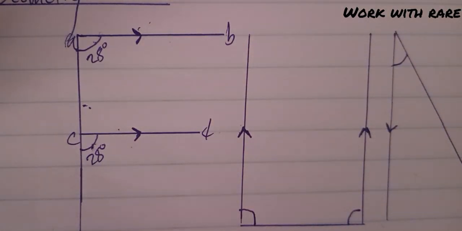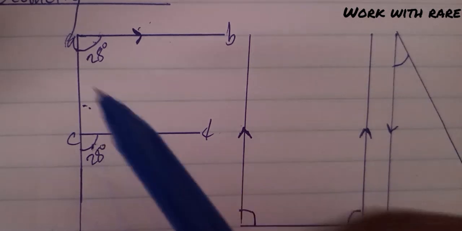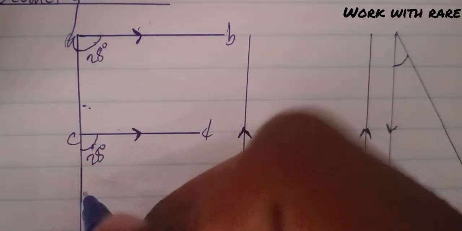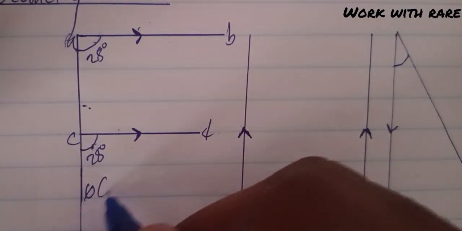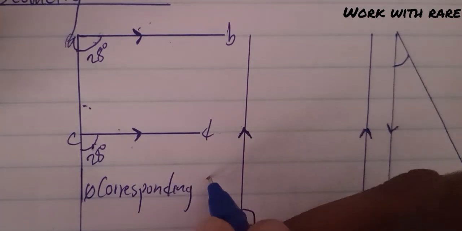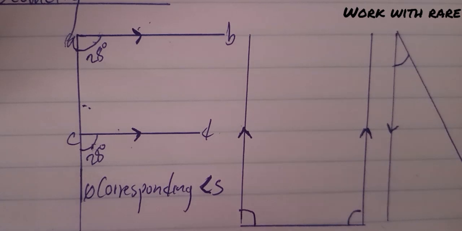But remember, when we do geometry, a statement goes together with a reason. If your statement is correct and your reason is wrong, they might penalize you. So if this one is 28, our reason will be corresponding angles. This is the language of mathematics.